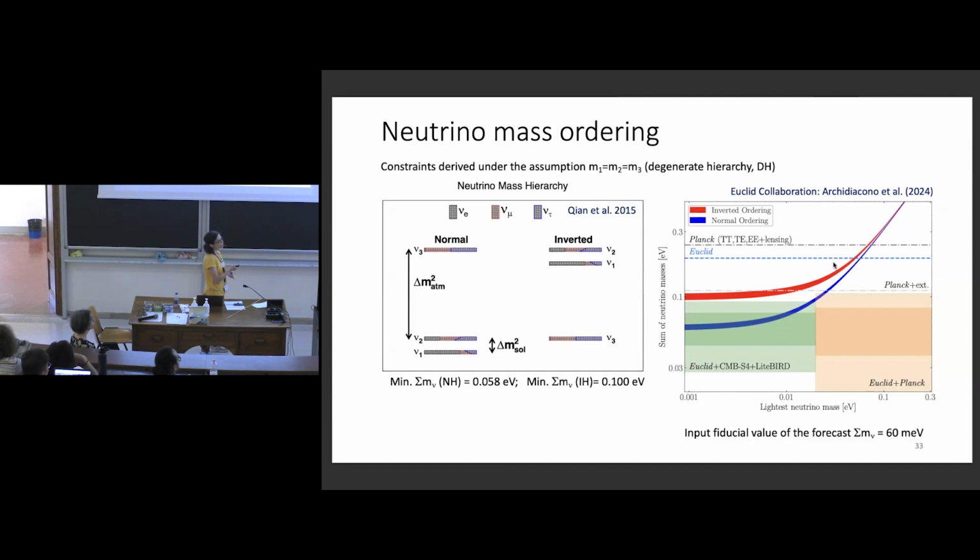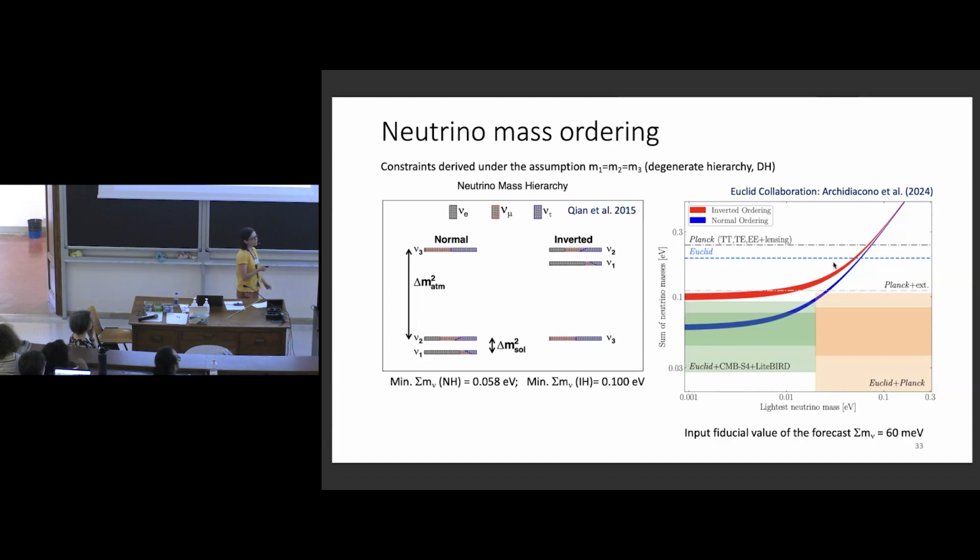In green, we have 1 sigma and 2 sigma from Euclid plus future CMB, stage 4 and LiteBIRD. And you see that this combination can rule out at about the 2 sigma level the inverted ordering. But we have to keep in mind that these are just forecasts. These are not real data, okay?